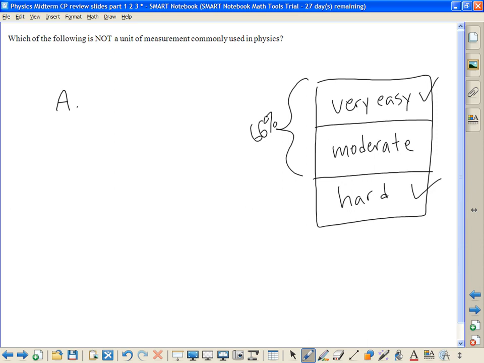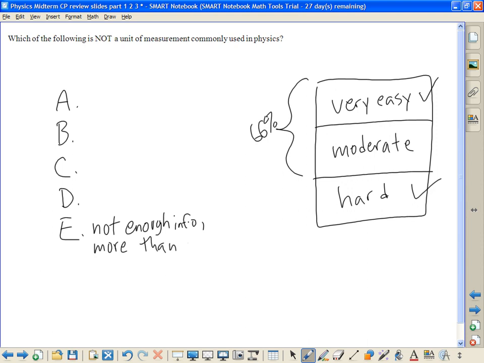This test, and I apologize for our viewers at home who've heard this part before, there's going to be multiple choices in the traditional form, 5 choices, A through E. And we've been working together long enough for you to know that the last one is usually something annoying, like not enough information, or more than one of these, etc. So whenever you're doing one of these tests, you are going to annotate your copy of the test.